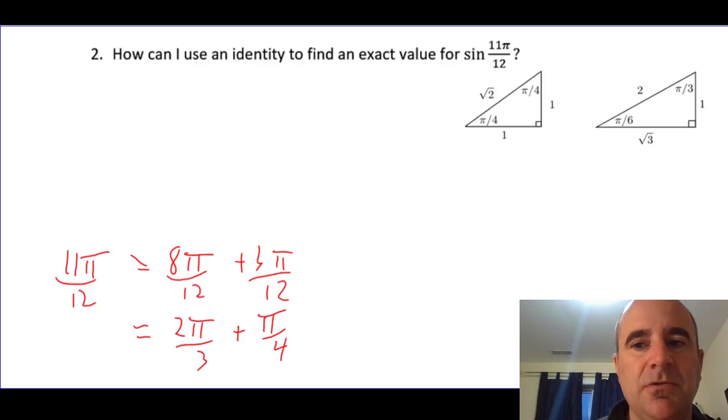I can use those values because pi over 4 is right there in one of the special triangles, but they also provide me with ways to calculate exact values for any angle that's in quarters, thirds, or sixths, and 2 pi over 3 is in thirds, so I can do that.